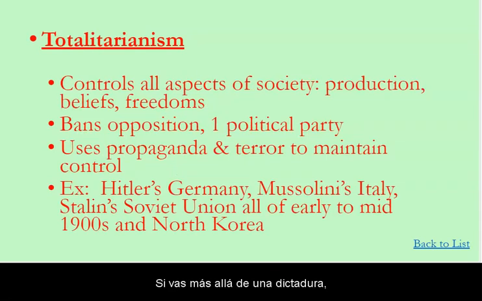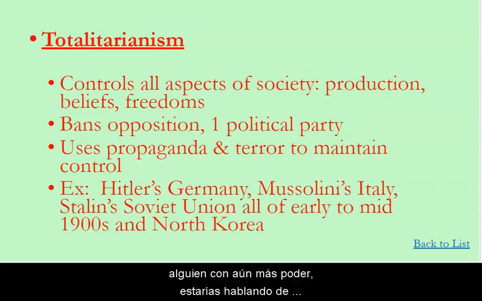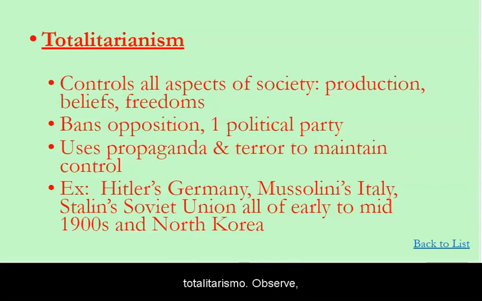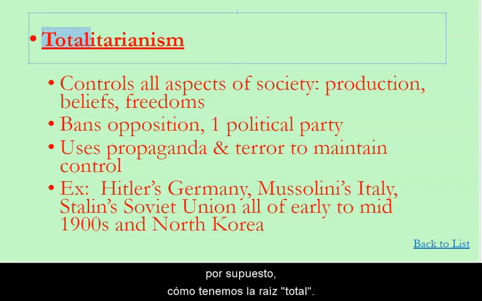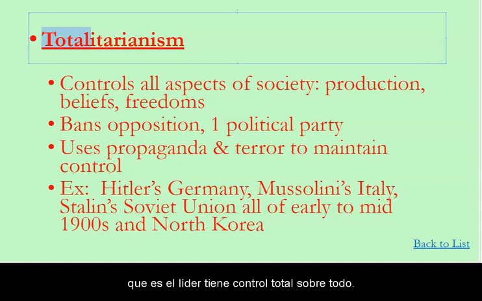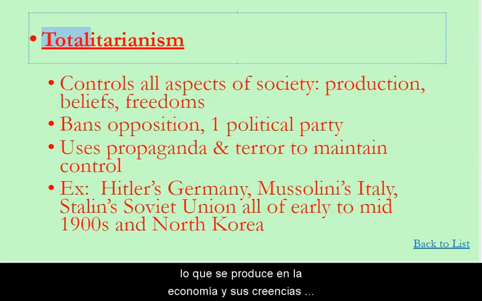Now, if you go beyond a dictatorship, someone with even more power, you would be talking about totalitarianism. Notice, of course, how we have the root total in that word. The leader in totalitarianism has total control over everything. They control all aspects of society: what's produced in the economy, their religious beliefs.